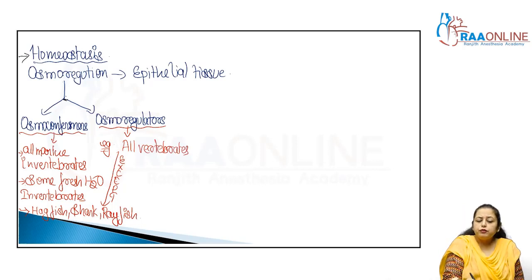The osmoconformers are the animals that can change the osmolarity of their body fluids according to the medium in which they live, right? But the osmoregulators cannot change their body fluid osmolarity. They maintain their body fluid osmolarity, right?